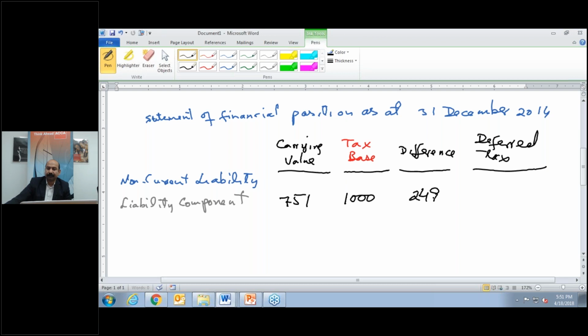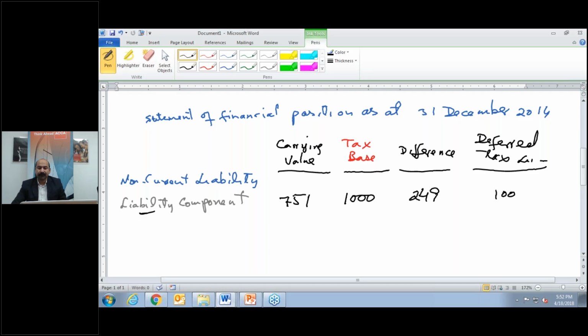So when we apply the tax rate, this will give us the deferred tax liability. As we learned the rule, this is basically a liability, and if the carrying value is lower than the tax base, a taxable temporary difference will arise, and when we apply the tax rate to that taxable temporary difference, this will give us the deferred tax liability.